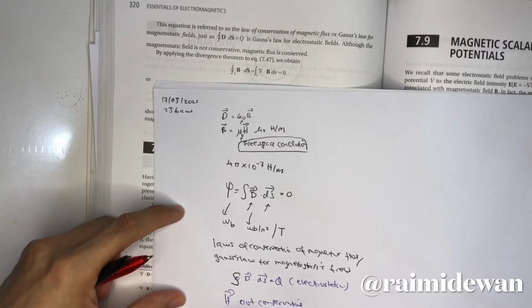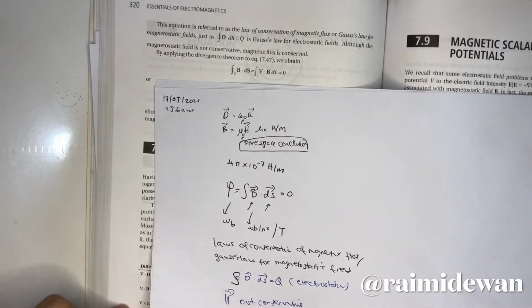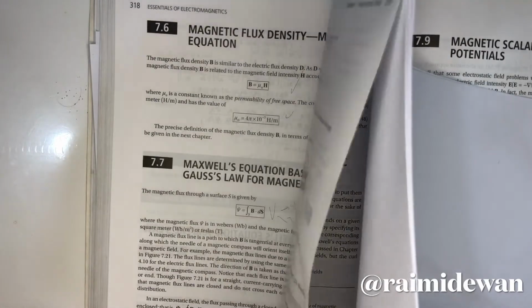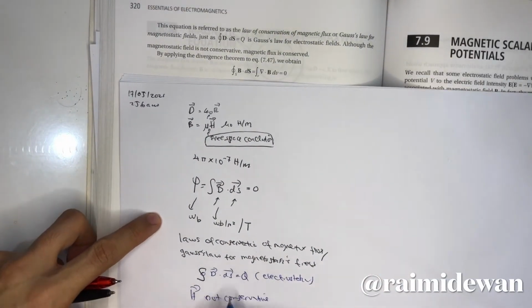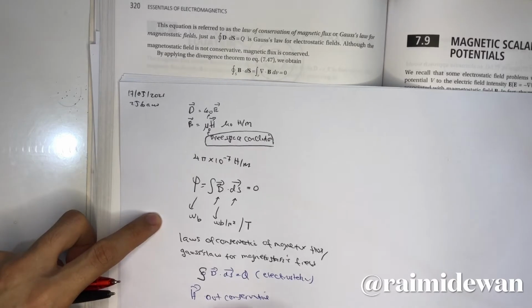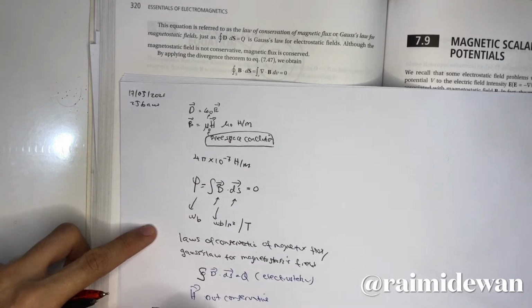However, your magnetic flux, you can use whatever symbol suits you, maybe you can use psi_m, is conserved, because we have closed paths. For example, north pole, south pole, we always have a closed path.